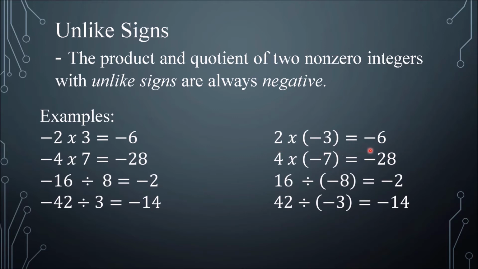That's why the product is negative. So we have here negative 16 divided by 8 is equal to negative 2. Negative 16 is negative. 8 is positive. They are unlike. That's why the quotient is negative. That's it.